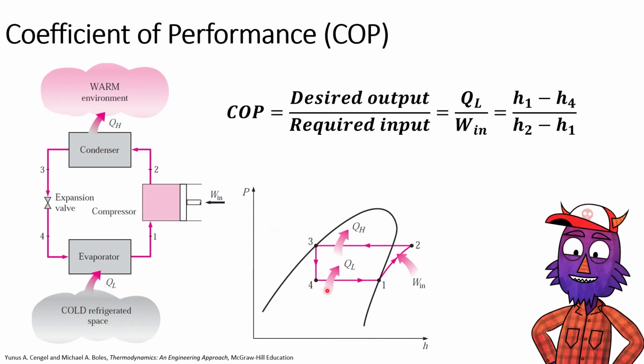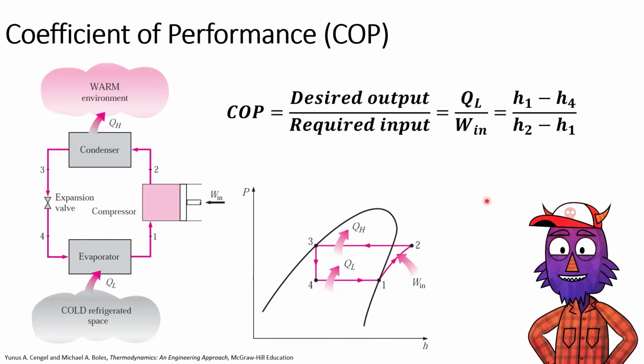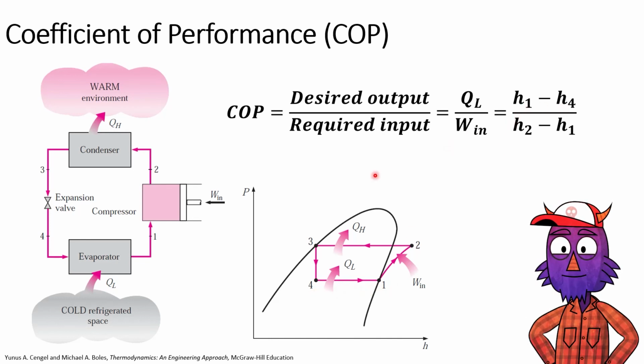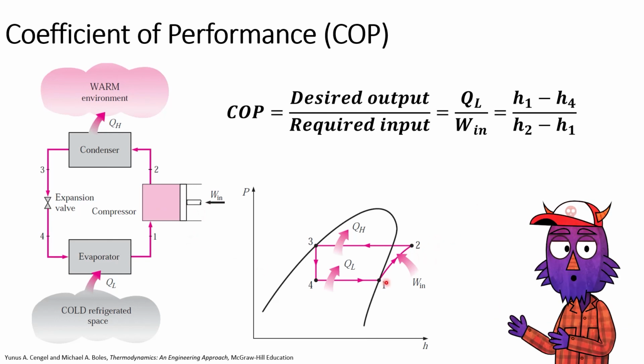QL can be calculated by the enthalpy difference between state 1 and state 4, so H1 minus H4. The required input for the refrigeration cycle is the work input to the compressor, which can be calculated by the enthalpy difference between H2 and H1.